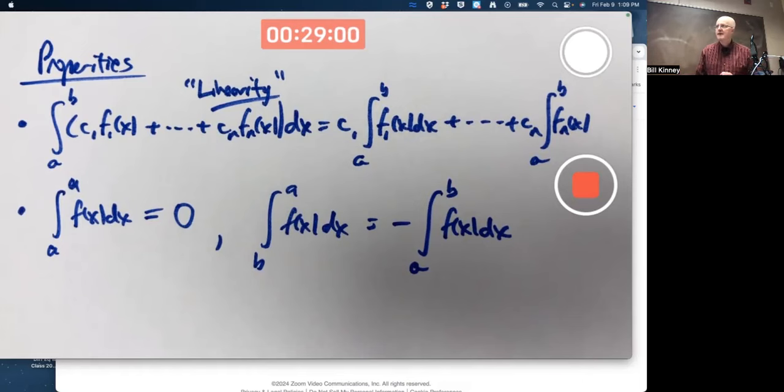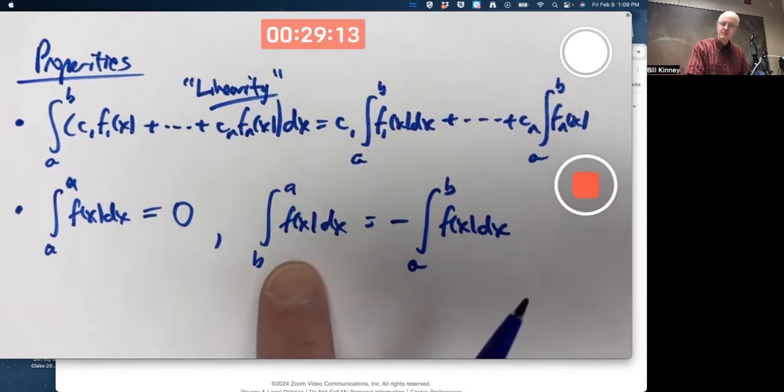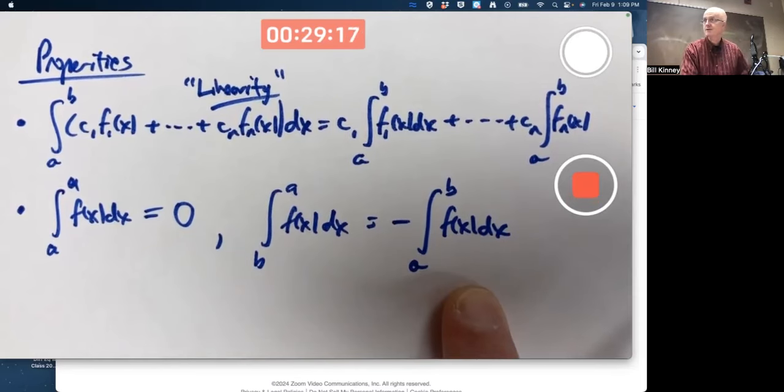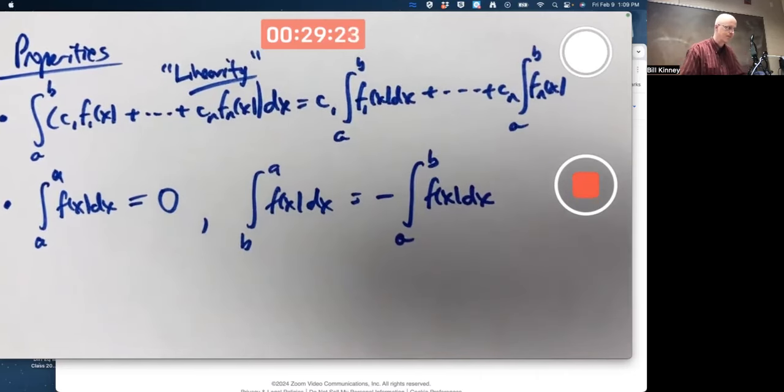If you videotape me while I did that, and then you watch me walk in reverse, I'd go back like this, and my change in position as time went backwards would be -1. That's what this is saying. The change in position as time goes backwards is the opposite of the change in position as time goes forwards. In that context, that's why this would make sense. And it makes sense in other contexts as well.